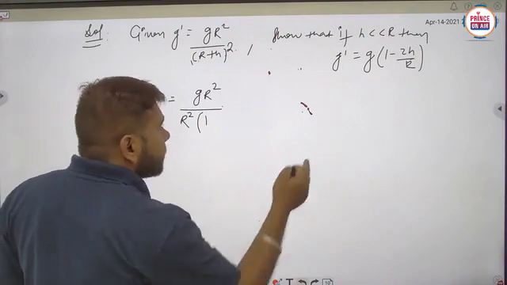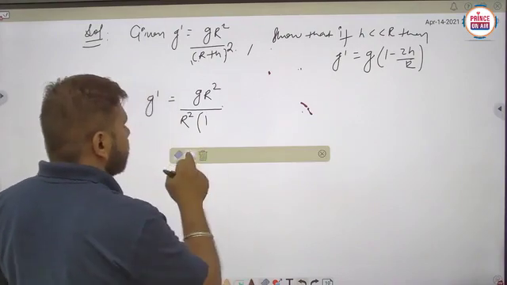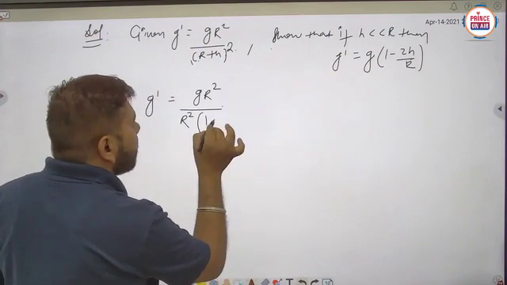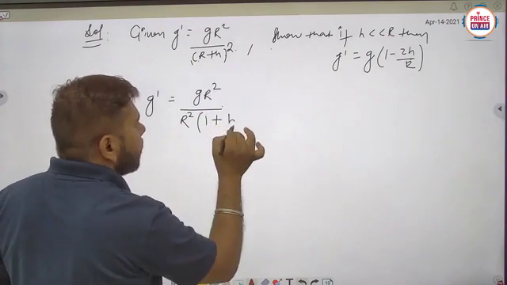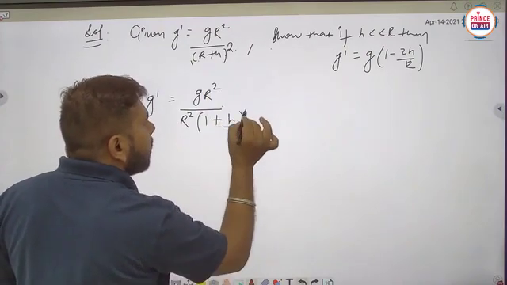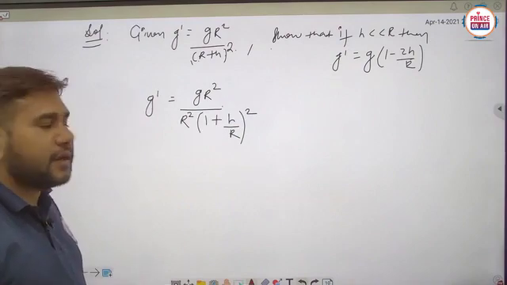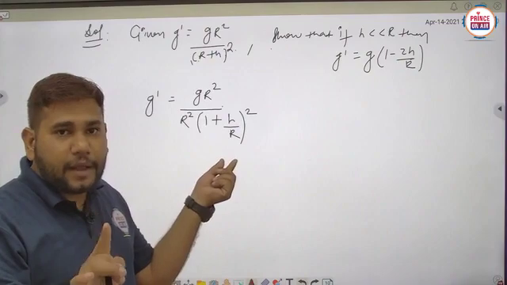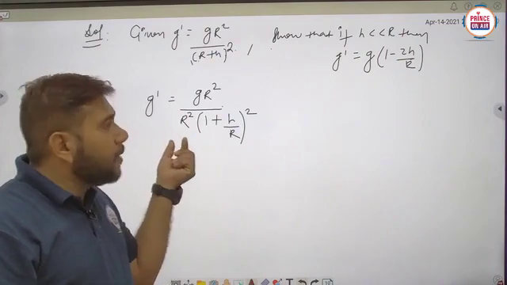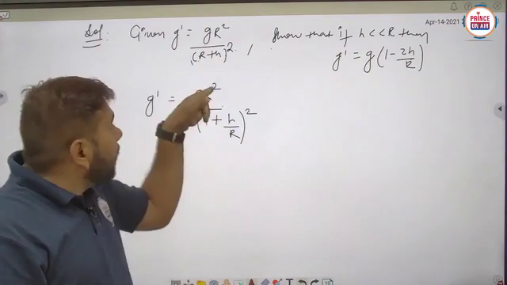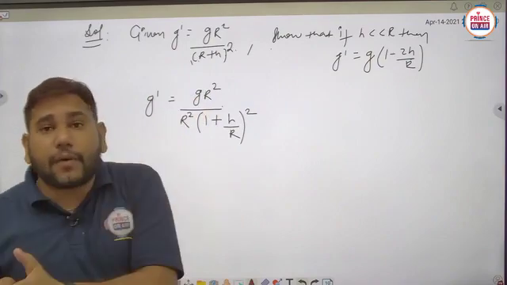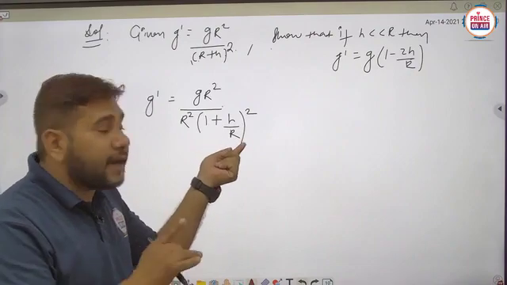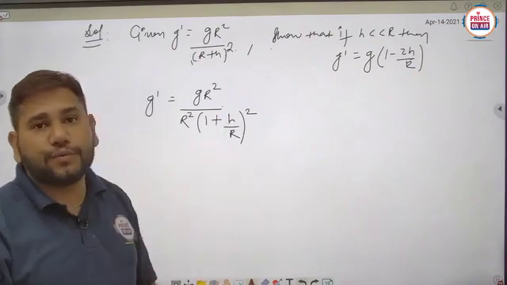Now the second is 1 plus h by r whole square. No need to write r square inside, because we are taking r common, but here the power is 2. So it will be r square when it comes out from the bracket. But inside the bracket I have to write r, because here the power is 2.